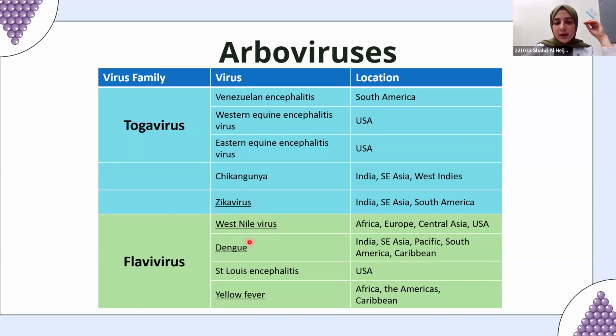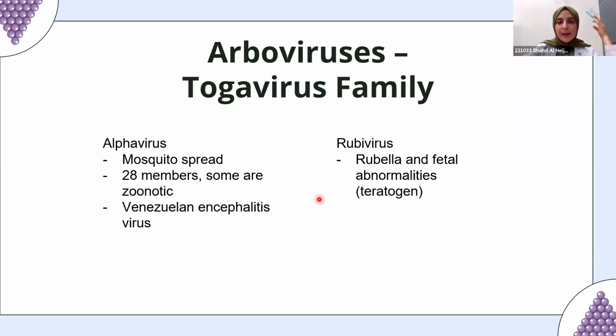Zika virus, West Nile, dengue fever, yellow fever, but you need to know the rest. So for example, let's talk about Toga viruses. Toga virus family, you have alpha virus and rubivirus. Alpha viruses are a big family. They have 28 members. Some of them are zoonotic and they're spread by mosquitoes.